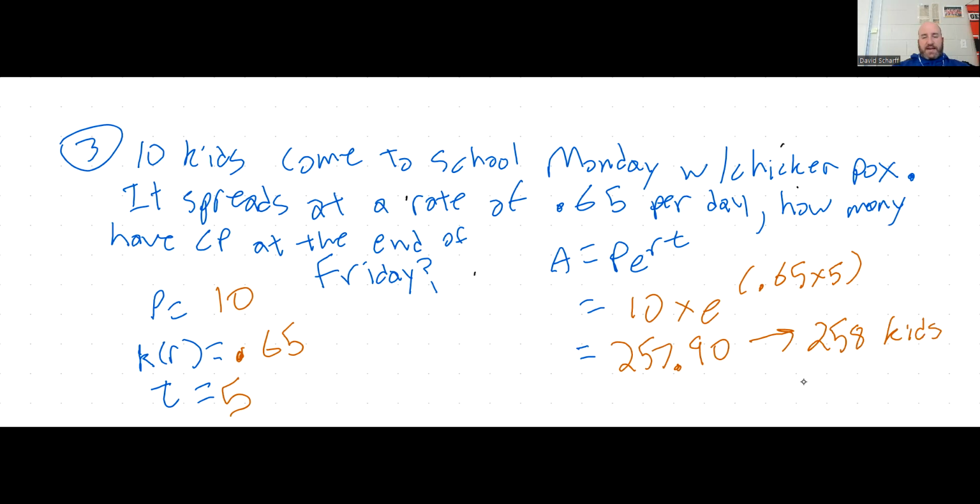That's a very, very high contagion rate. I mean, think about it, most elementary schools have maybe 500 kids at most, and that's about half the school gets the chicken pox in a week. Yikes. All right.